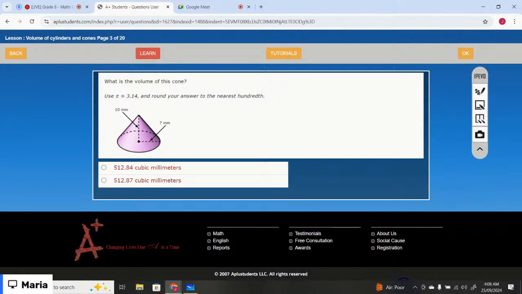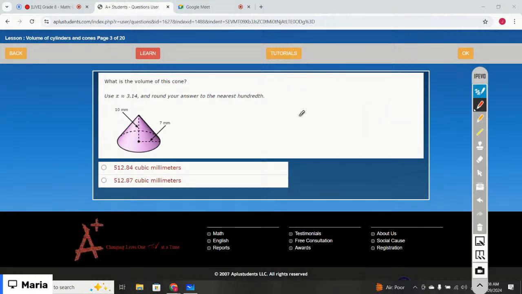What is the volume of the cone? Which is the correct option? That is V equals 1 by 3 pi r square h, right? So just put up the values. That is 1 by 3, 3.14, r is 7 square, h is 10.